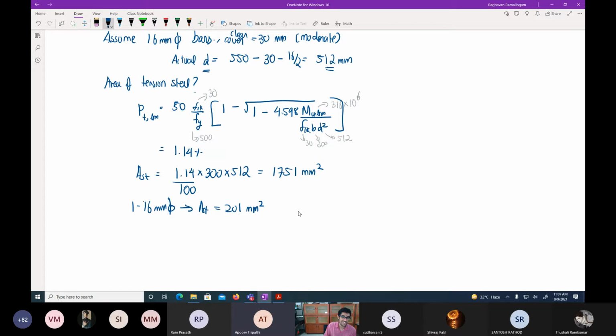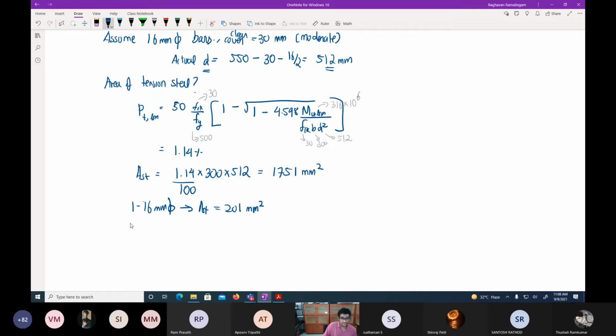You'll have to give almost more than 8 bars. So that will not be such a great idea, giving 8 or 9 bars.